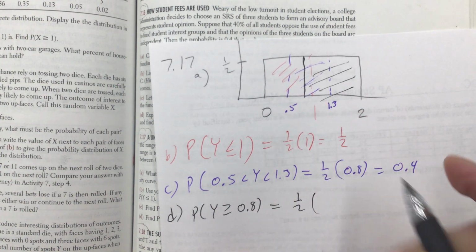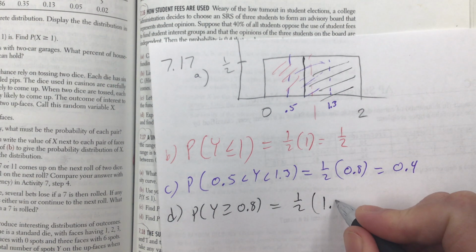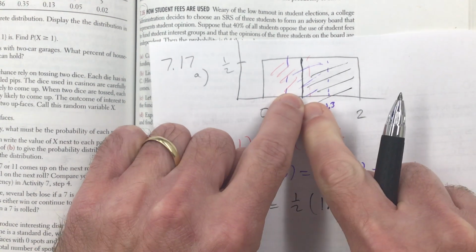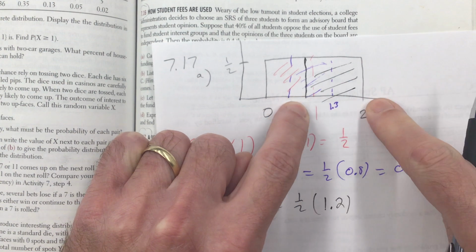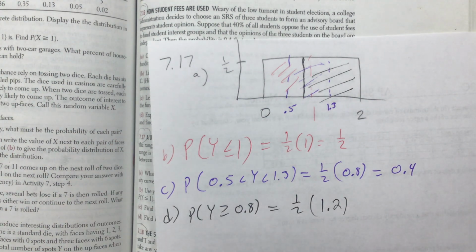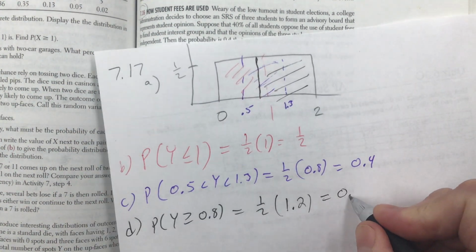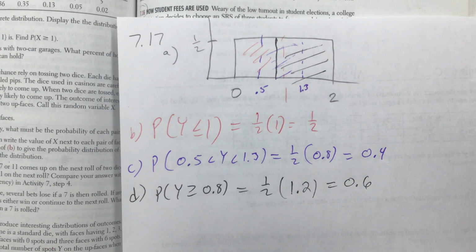The width is 1.2, right? From 0.8 to 2, that is 1.2 units. And there you go. Okay. Hopefully finding areas of rectangles is pretty easy for you.